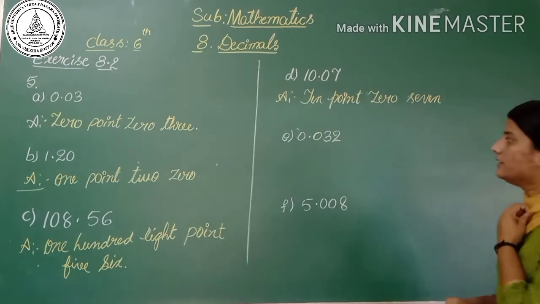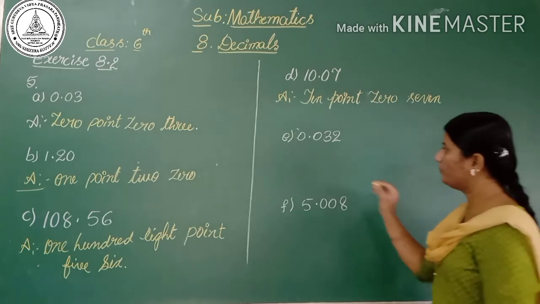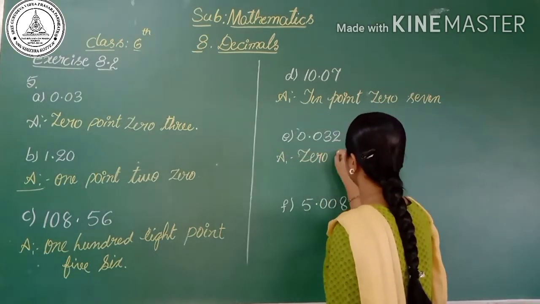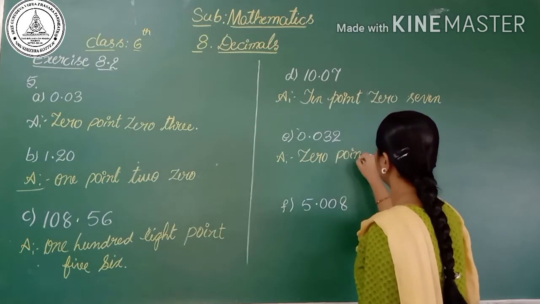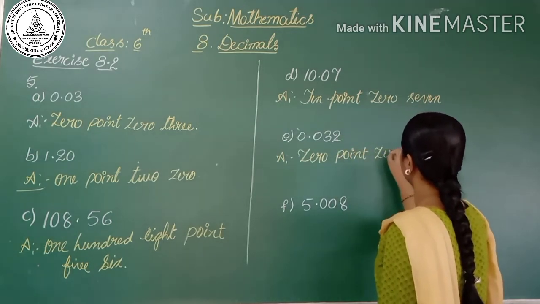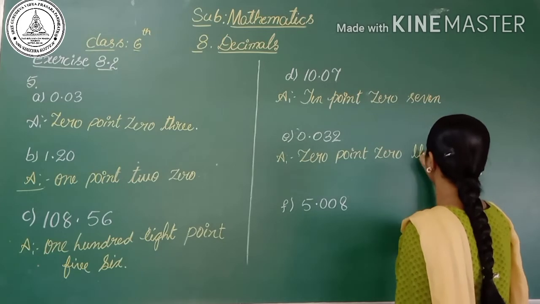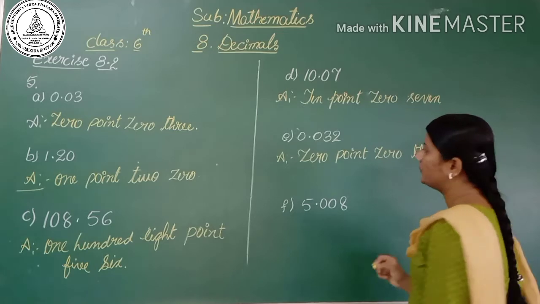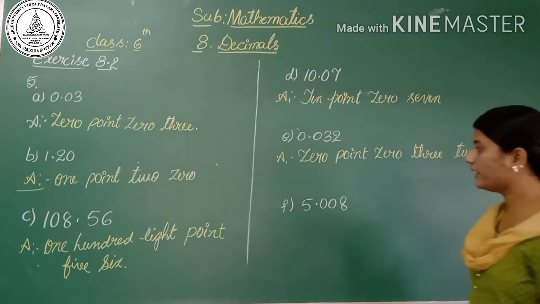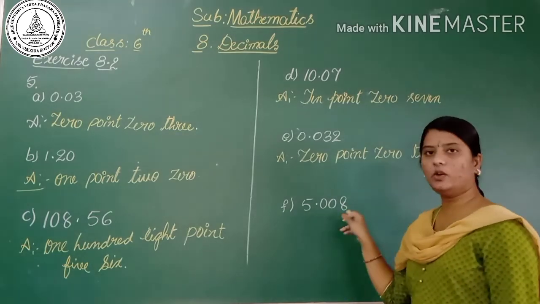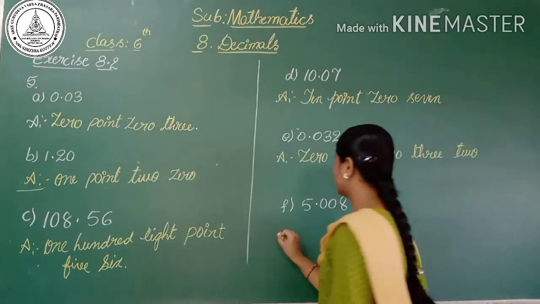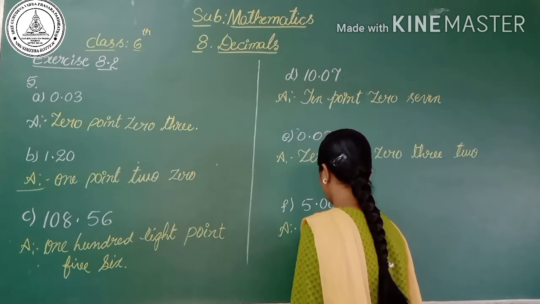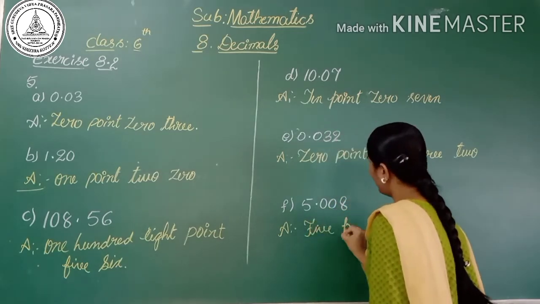Then E, 0.032. Then the last one, 5.008.